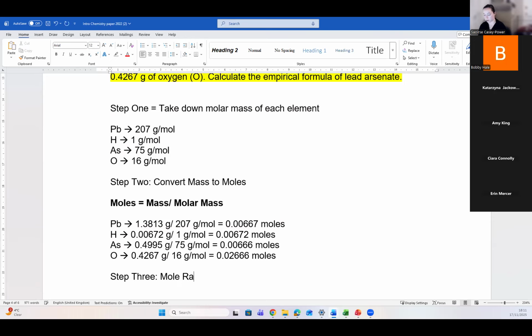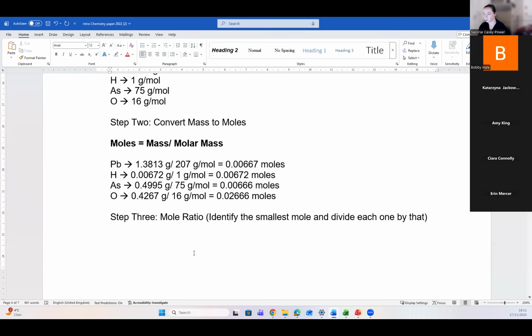What we do here is identify the smallest mole amount and divide each one by that. The smallest is actually our arsenic, so we're going to divide each one of these by arsenic.